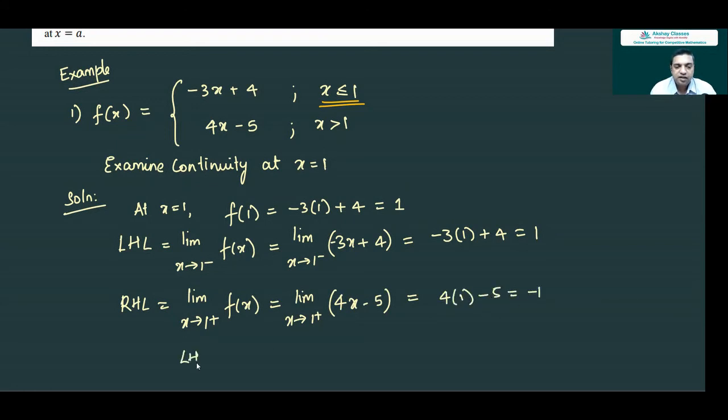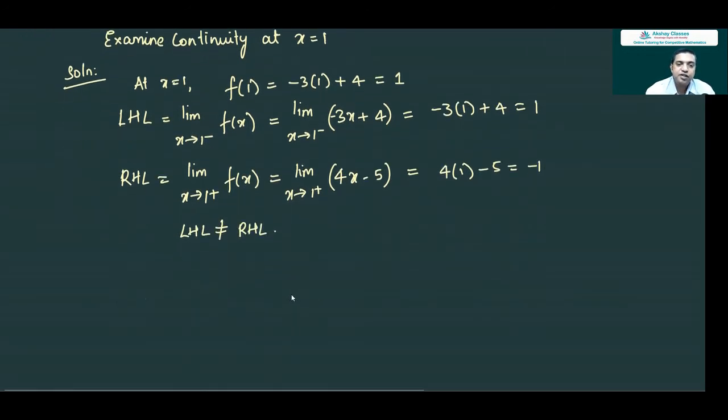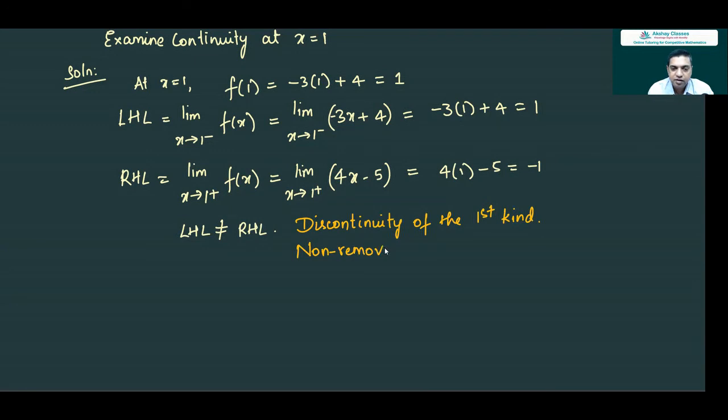So the left-hand limit is not equal to the right-hand limit. Which kind of discontinuity is this? Sorry, this is discontinuity of the first kind, because the limits are finite. The left-hand limit and right-hand limit are finite, but it is a non-removable or jump discontinuity.